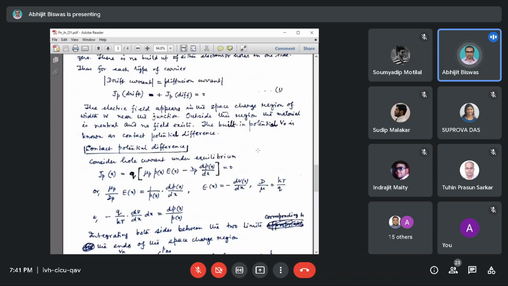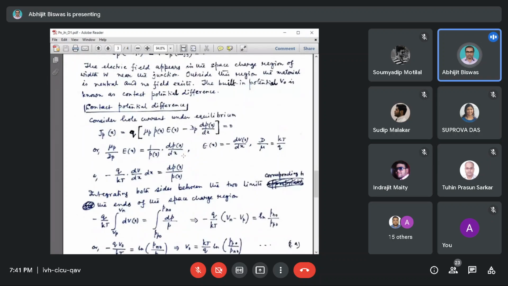Similarly, drift current of electrons plus diffusion current of electrons must be equal to 0. So what is the expression for Jp under equilibrium? Under equilibrium means we have not applied any external bias across the PN junction.